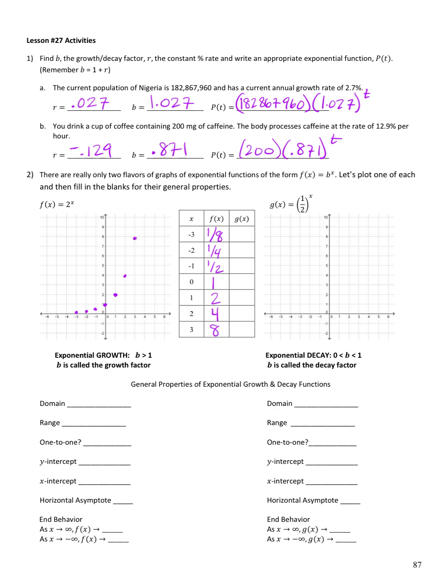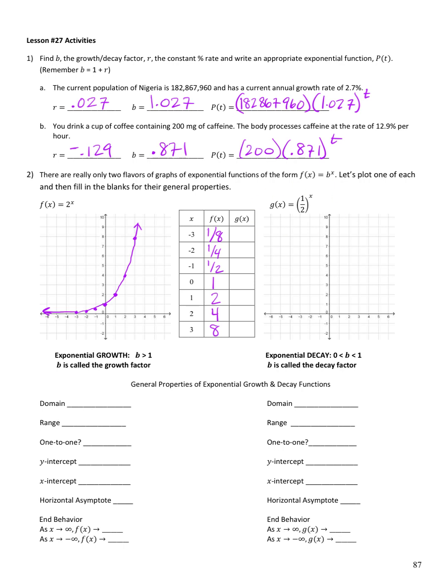So this is my exponential curve. It's growth because as x goes to infinity, the function is increasing. This is called exponential growth because the b value is 2, which is bigger than 1. So 2 is our growth factor.